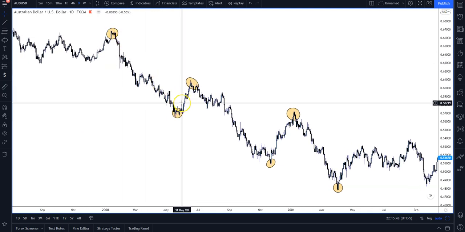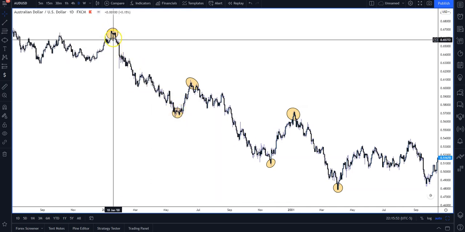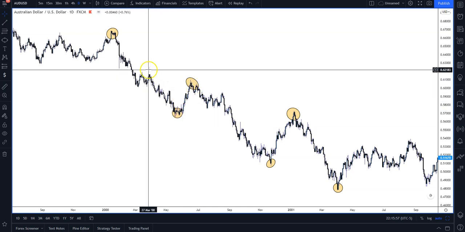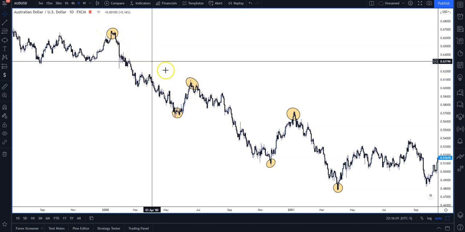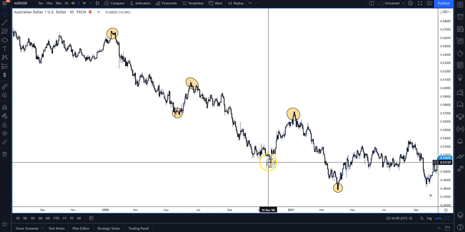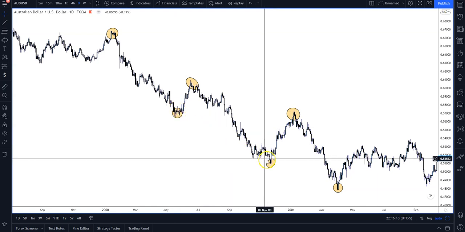So we have an impulse move, and we have a high, a low. So we have a high, low, another high, but this high never breached this previous high, so it's lower than the previous high. And now we have another low here, and this low never breached this previous low, so it's lower than the previous low.